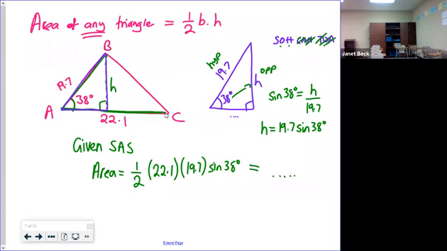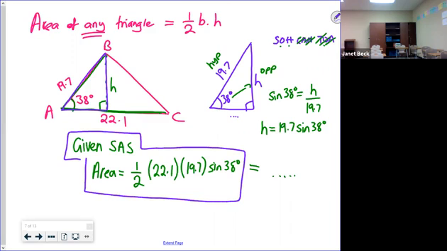But look at what we've got here. Let's look at this in a bit more detail, what we've actually written down here. We've actually just derived what we call the side angle side area formula for a triangle. Look what we've got. We've got 1/2 of one side multiplied by another side multiplied by the sine of the included angle.